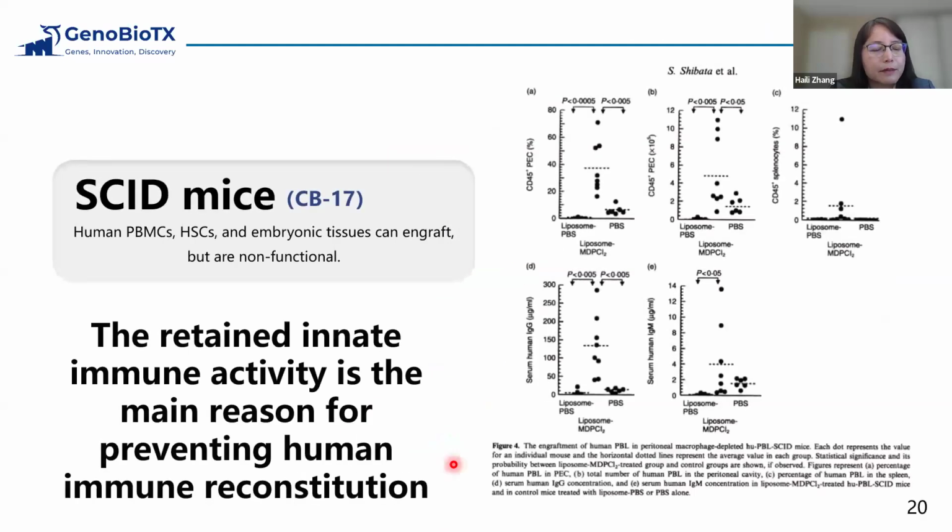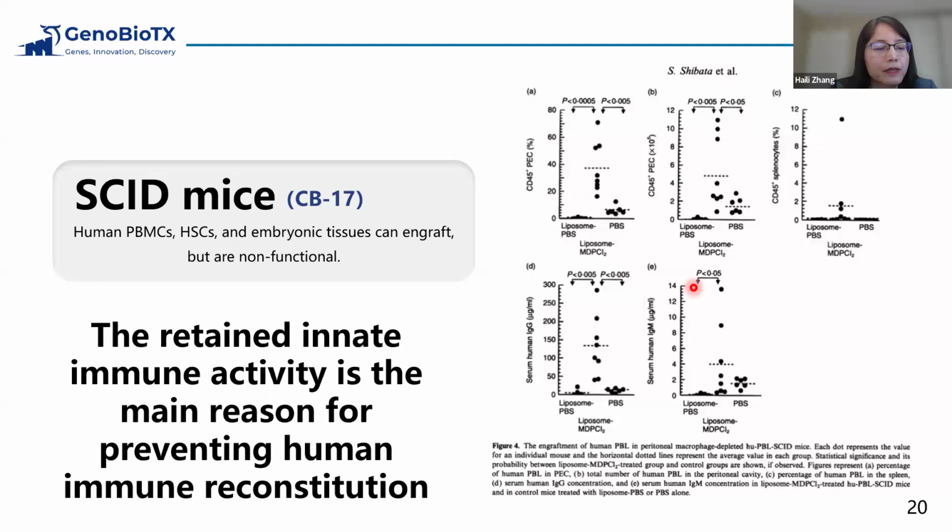In addition, studies also show that human PBMC, HSC, and embryonic tissues can engraft in those models, but are non-functional.